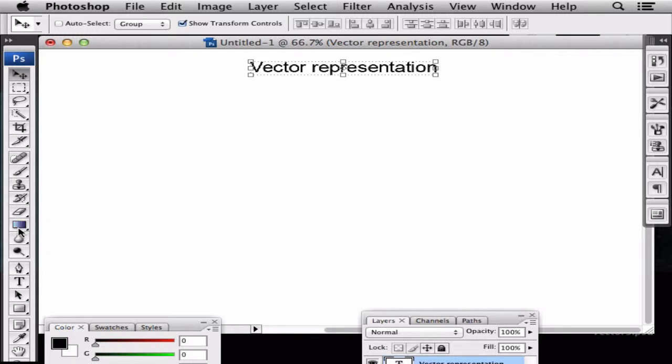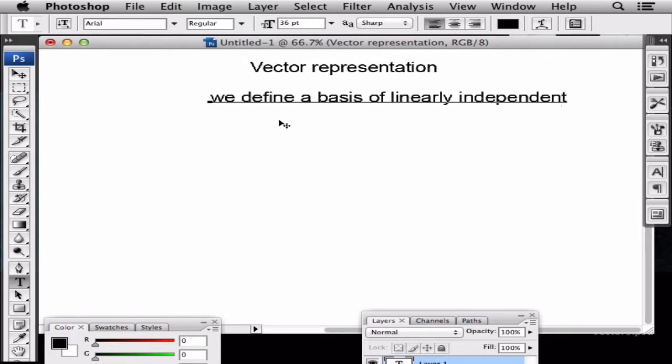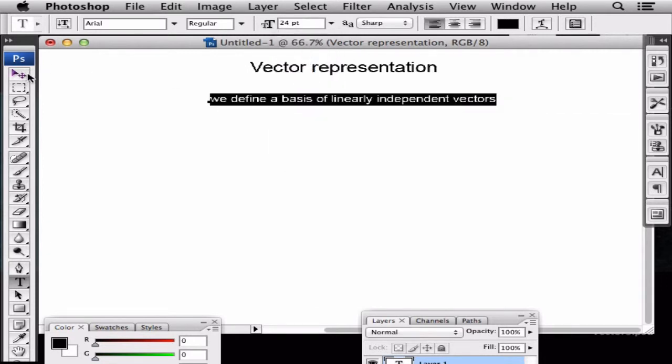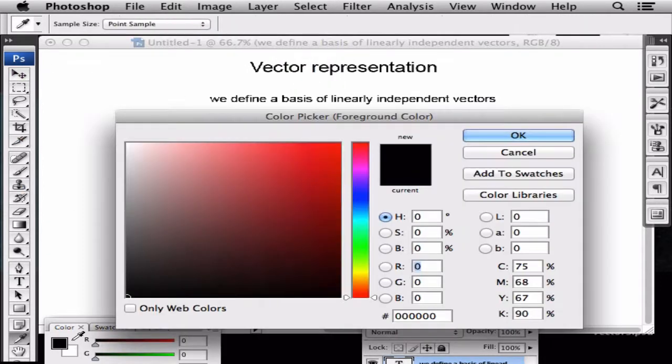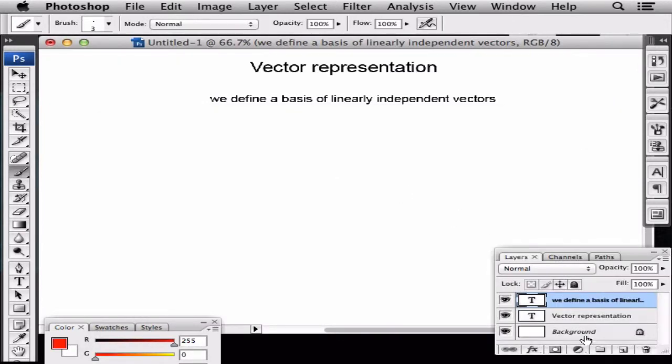We define something called a basis, and we use a set of linearly independent vectors. The important word here is, of course, basis.